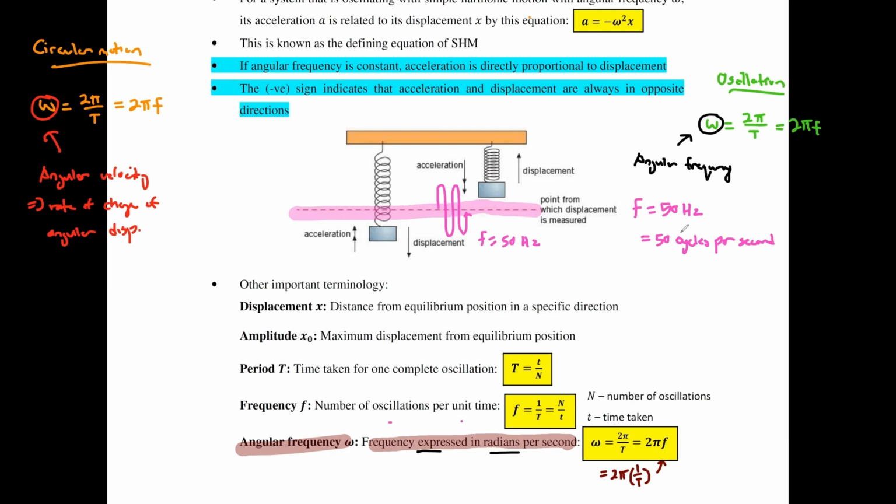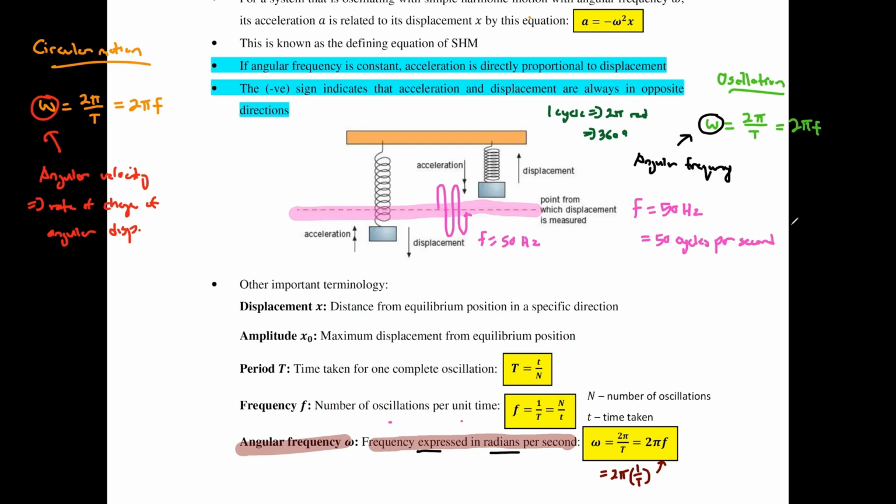So 50 hertz means 50 cycles per second. Now in circular motion also, I did mention to you that one cycle can be 360 degrees, or 2 pi radians.